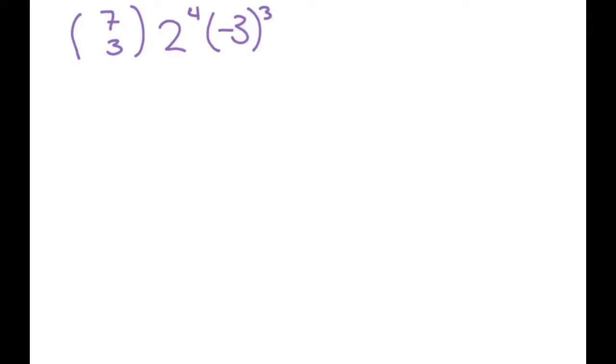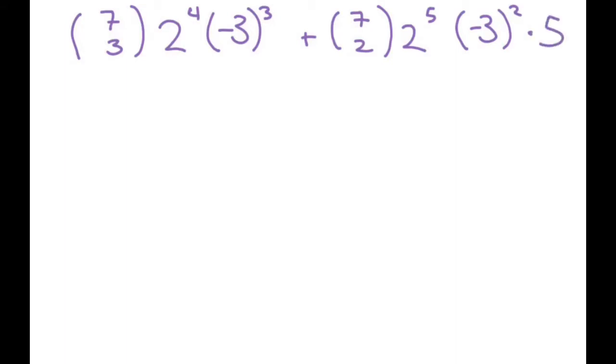And then the x's actually go away when you take care of the x's. So basically, all you have to do is find the coefficient. And the second part is 7 choose 2. And you have 2 to the fifth, because 7 minus 2 is 5. And -3 to the second power. Then we still have times 5.